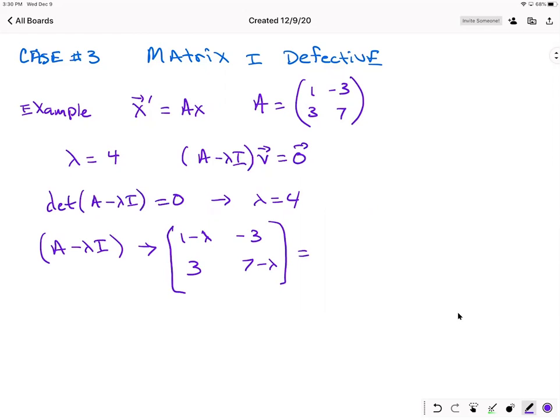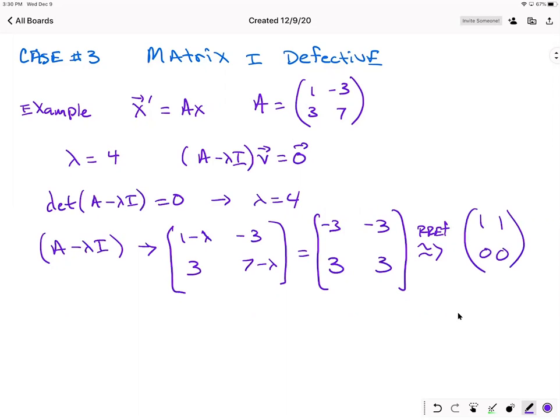When I plug in the 4, I get [[-3, -3], [3, 3]]. And I do reduced row echelon form of that to get [[1, 1], [0, 0]]. Then I solve that and I get x1 equals minus 1 times x2, and x2 is a free variable. So that means I have this eigenvector t times (-1, 1).